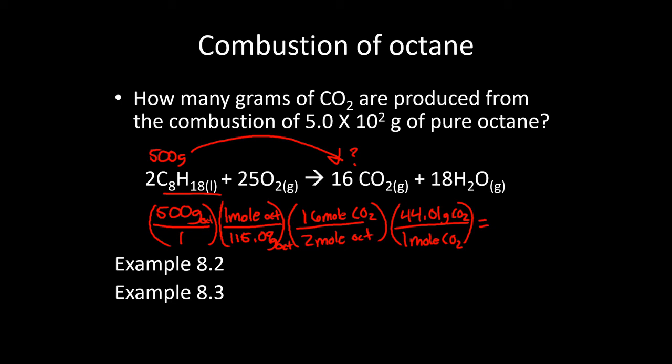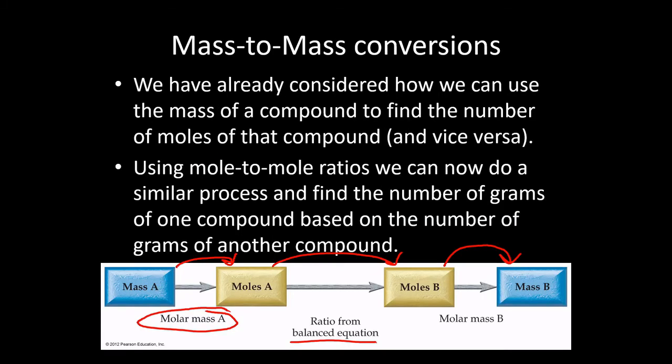All right. So notice there, we have 3 conversion factors. Each of them corresponds with one of these. Conversion from mass to moles, that's our first conversion factor. Conversion from moles of one thing to moles of something else, that's our second conversion factor.